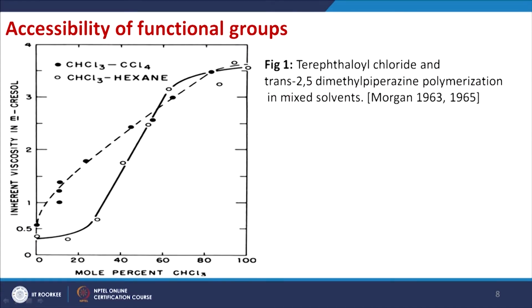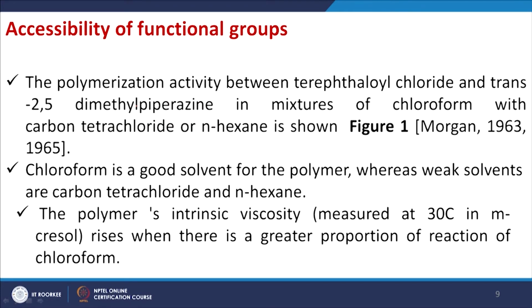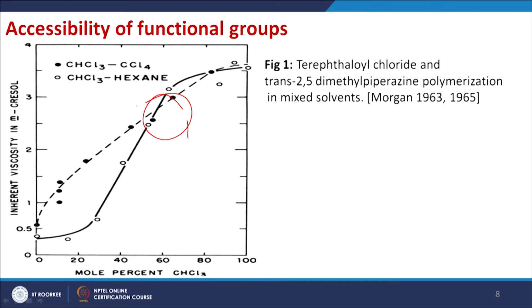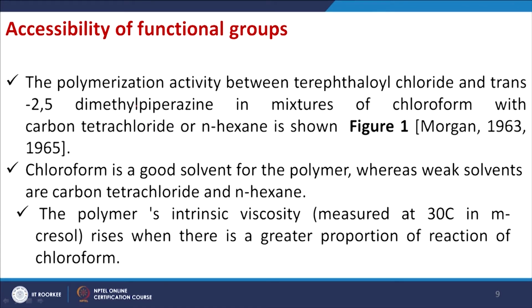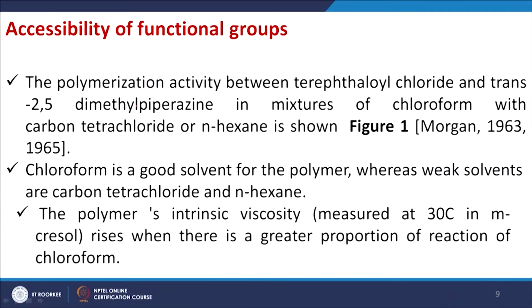Now here you can see the terphenyl chloride and trans 2,5-dimethyl piperazine polymerization in a mixed solvent. You can see where the critical point is achieved. The polymerization between terphenyl chloride and trans 2,5-dimethyl piperazine in mixtures of chloroform with carbon tetrachloride or n-hexane is shown in this figure.